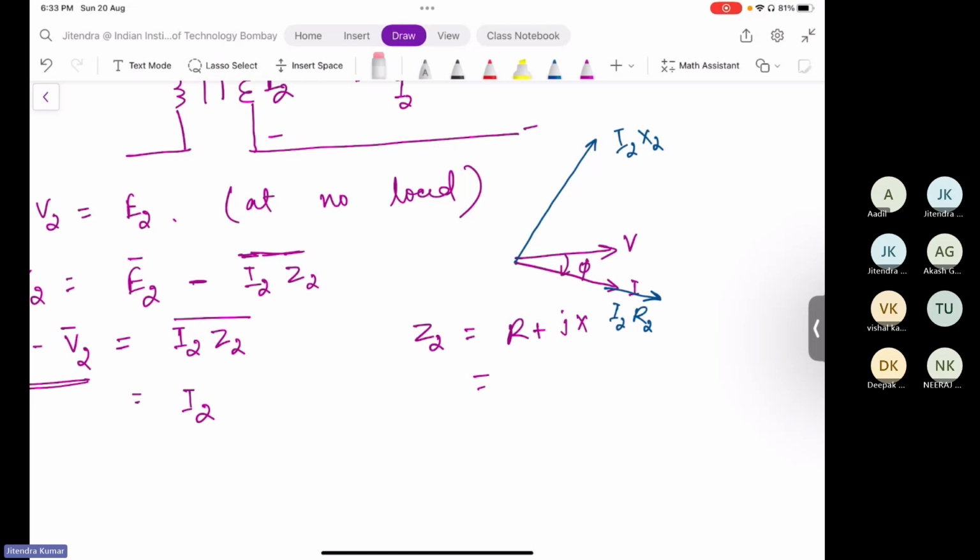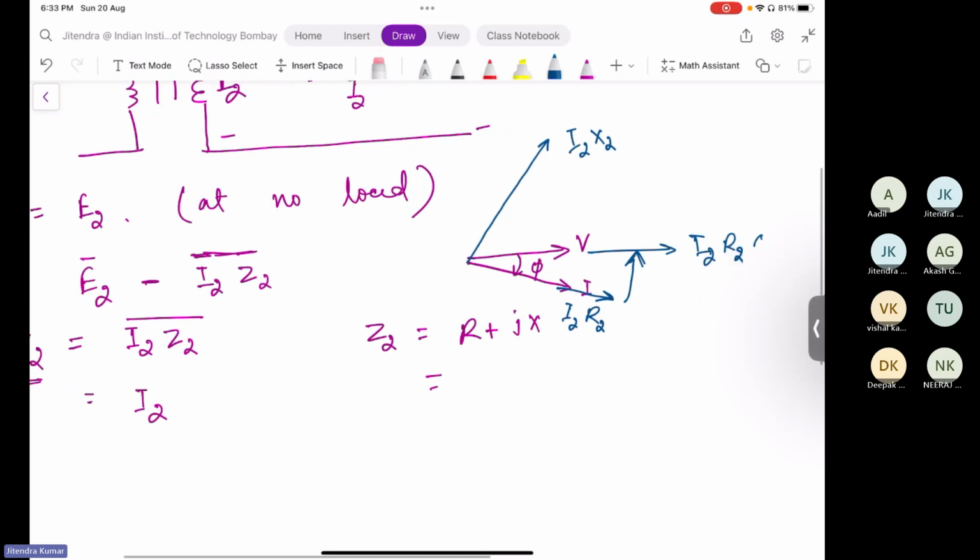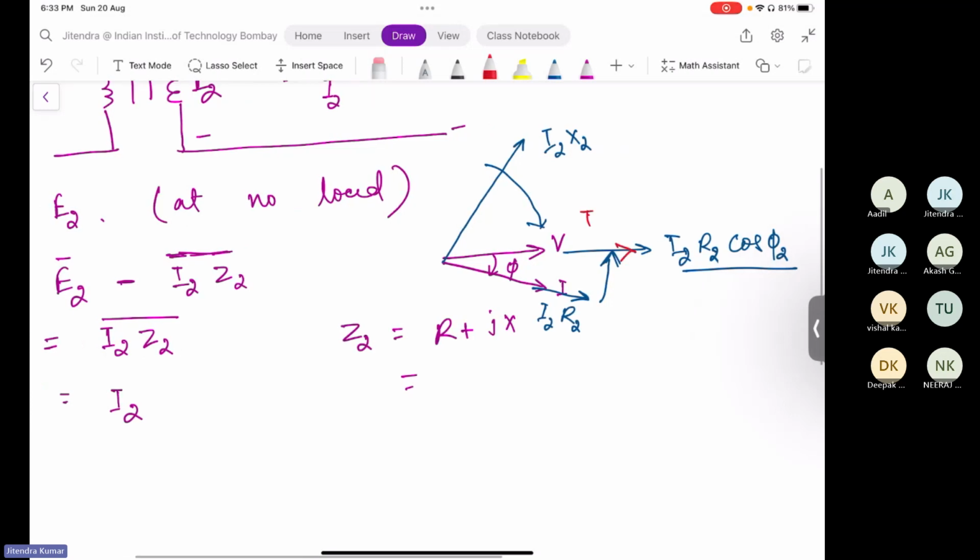Yes, sir. But sir, we will add on the V vector. Yeah, when you want to align this vector in the direction of V, you have to use I2 R2 cos phi 2. And if you align I2 X2 in the V direction, then you need to use, let me use a different color, I2 X2 sin phi.